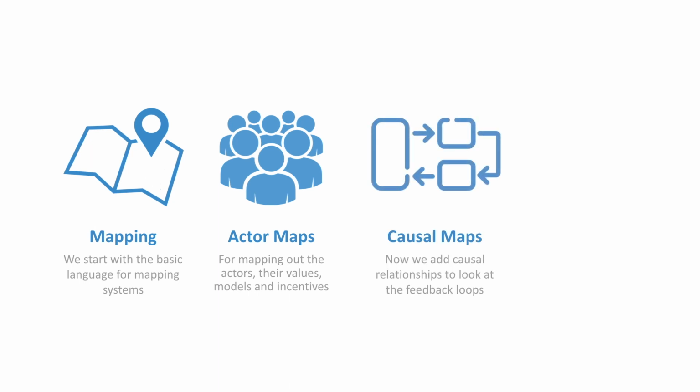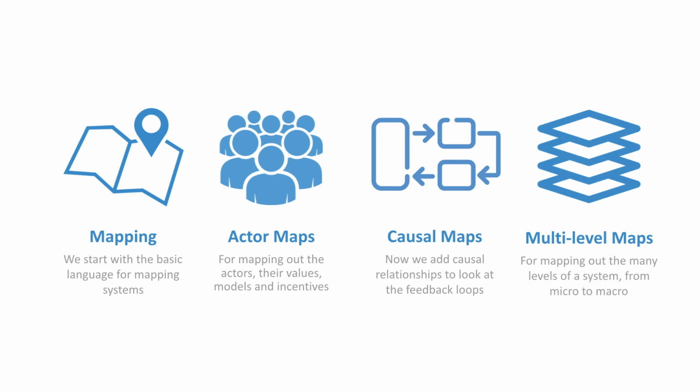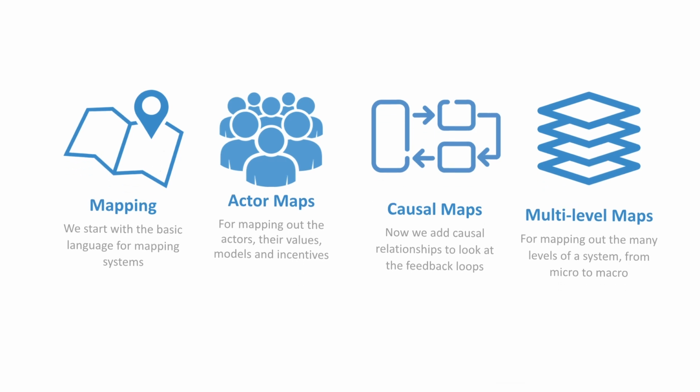We start introducing the language of systems dynamics, causal relationships, feedback loops, and so on. Fourth section is about multi-level mapping, mapping the system out on different levels from the micro to the macro, and how those interrelate and constrain or enable change. So that's the second section on systems mapping. We learn what it is, but then also how to do it, how to actually map out a system.